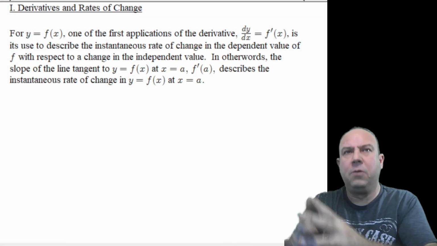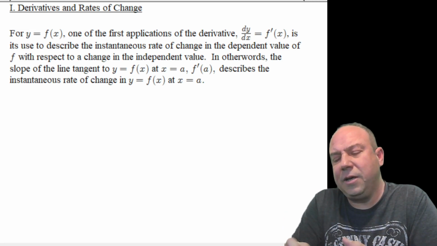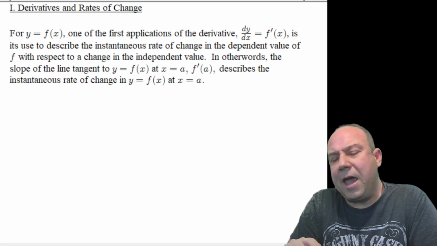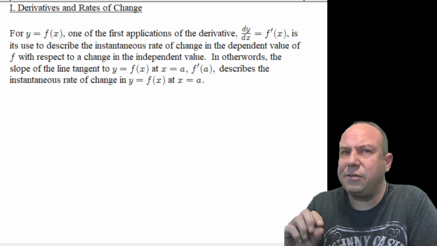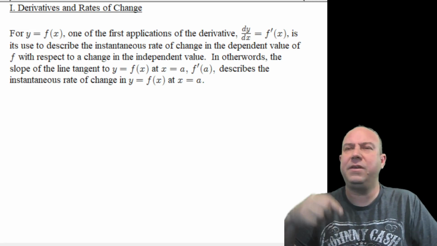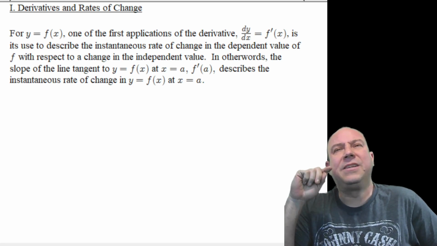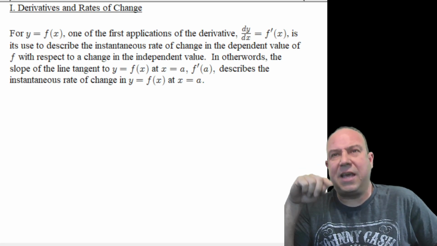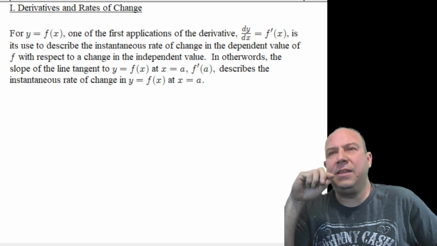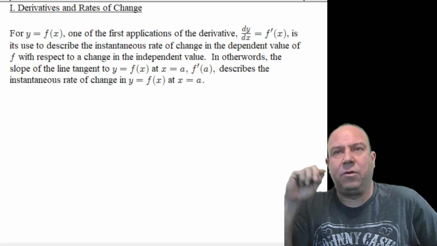Where we're going to begin our study of applications is to go beyond that idea of slope of the tangent line and note that the derivative interpretation is also describing what we would say is the instantaneous rate of change in the function at a particular value of x.